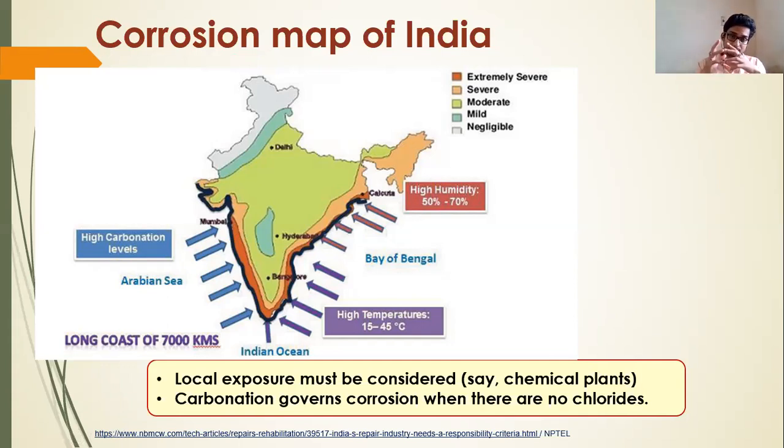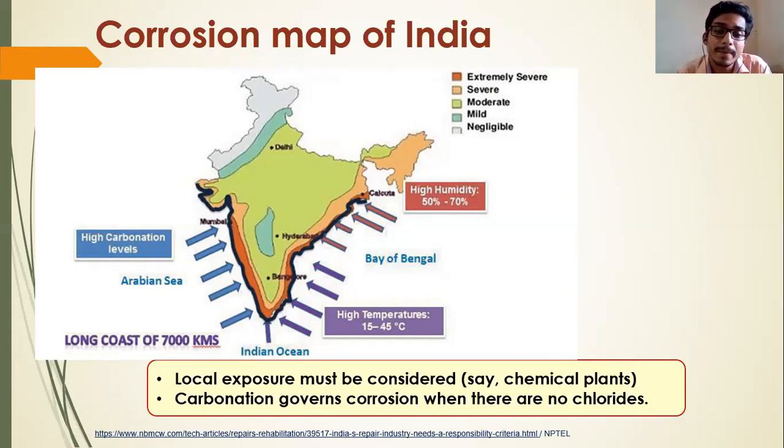So the main reasons of corrosion in a structure are chloride based corrosion and carbonation based corrosion, with the presence of moisture and oxygen.